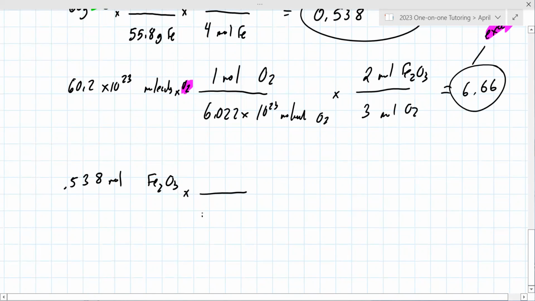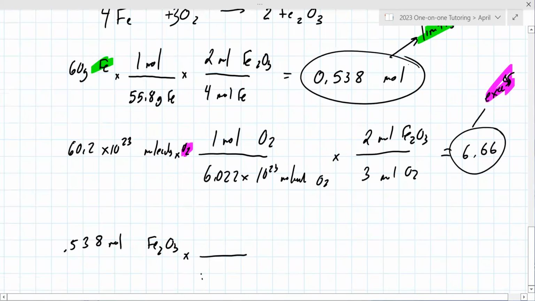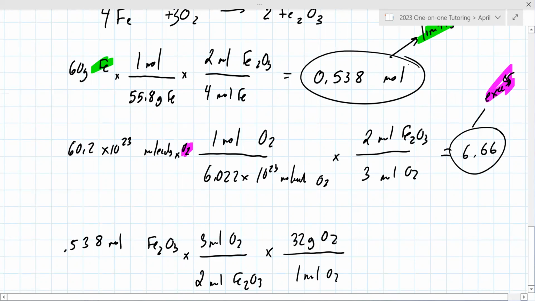You've got the coefficient 2 moles Fe2O3 to 3 moles O2. So you're going backwards. And then 1 mole O2 is 32 grams of O2. So basically what you're saying is, to produce 0.538 moles, how many grams of O2 did I actually need? And this will give that number.